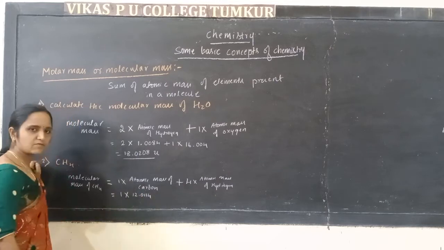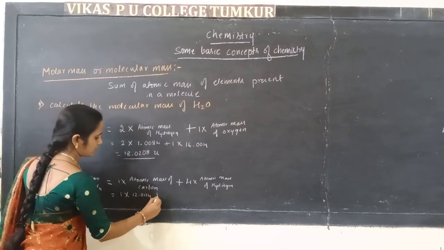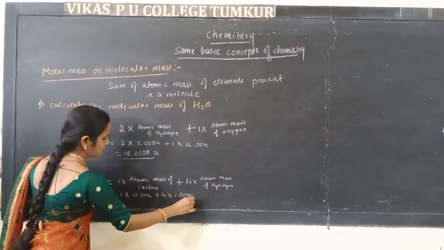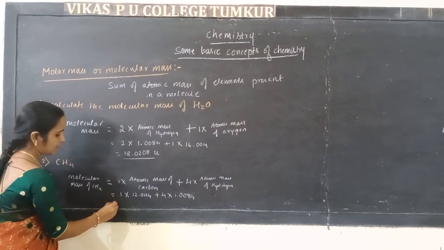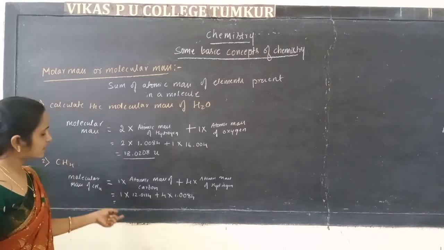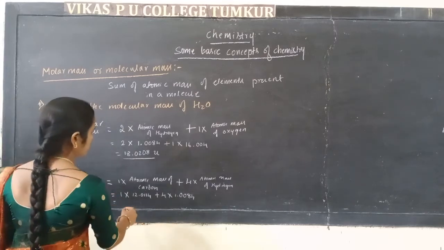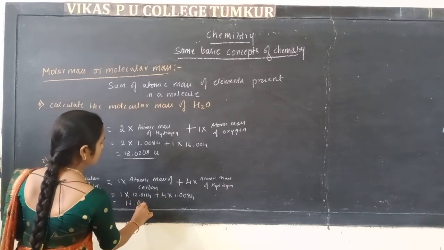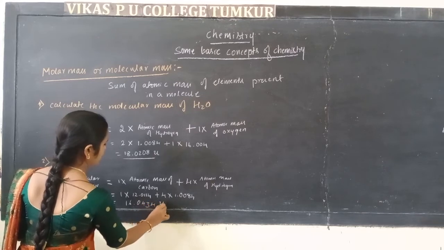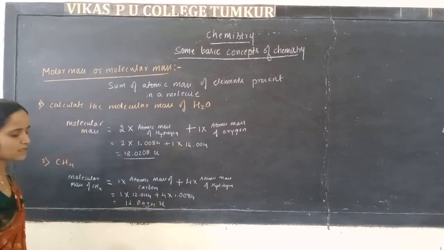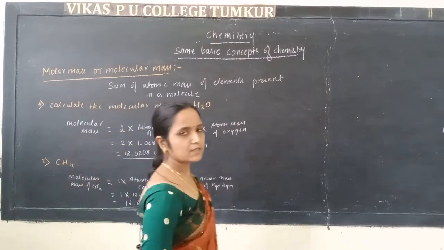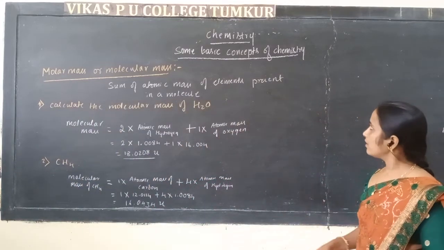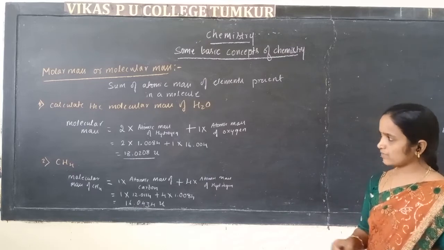The atomic mass of carbon is 12.0114, plus 4 into 1.0084. On calculating these values, we get 16.0434 unified mass. This is the molecular mass of CH4.